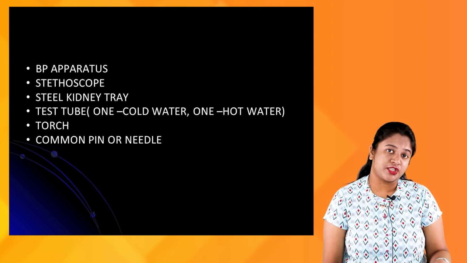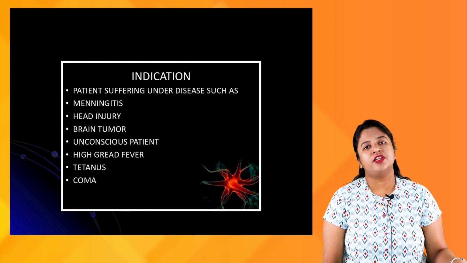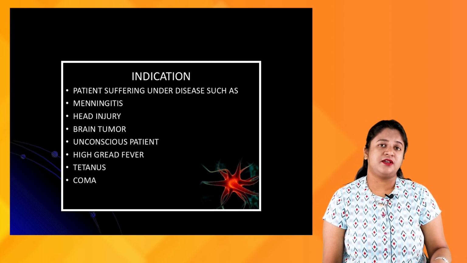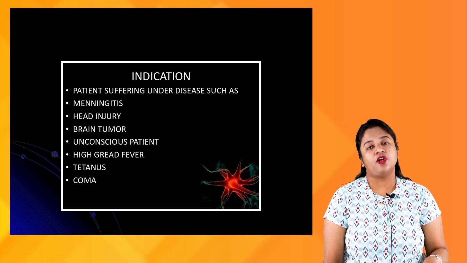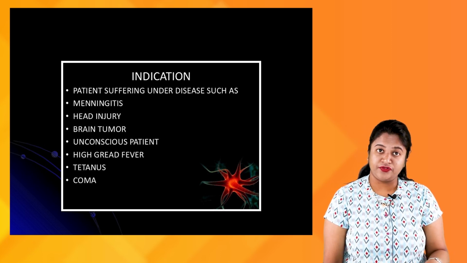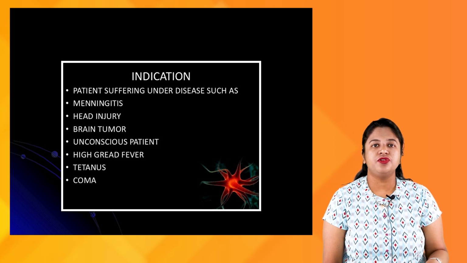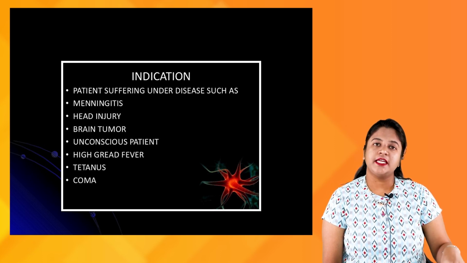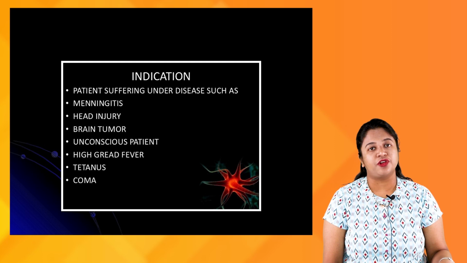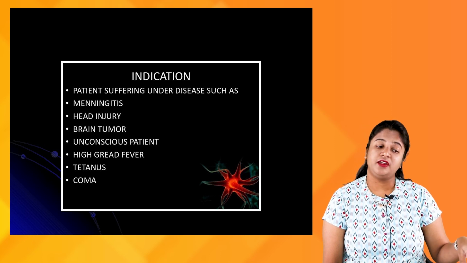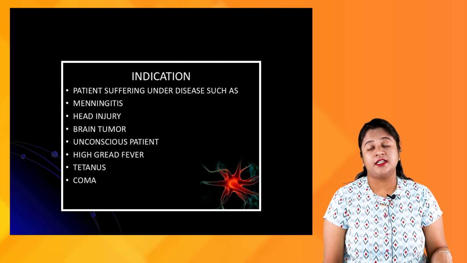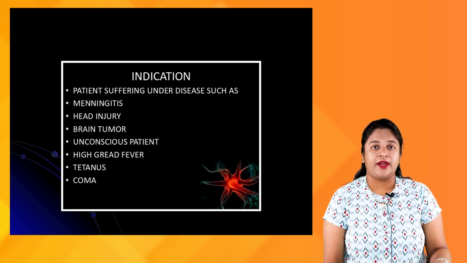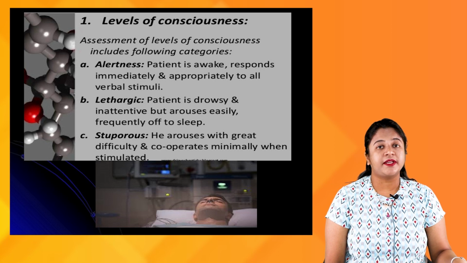Some disorders related to the CNS, like meningitis, head injury, brain tumor, unconscious patient, high-grade fever, tetanus, and the patient who is in a coma. So these are the indications for doing a neurological examination where you may have to do the in-detail assessment of the nervous system. Right. So let us see each of the aspects in detail.